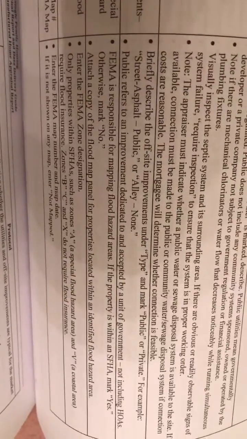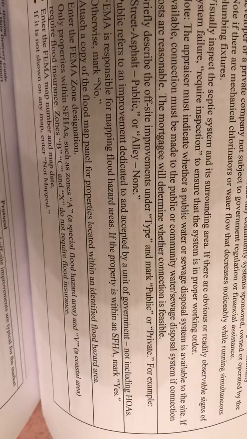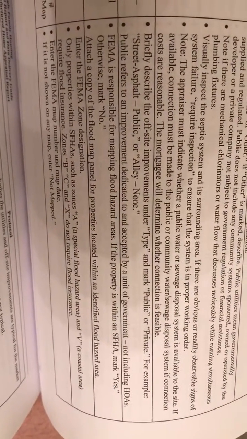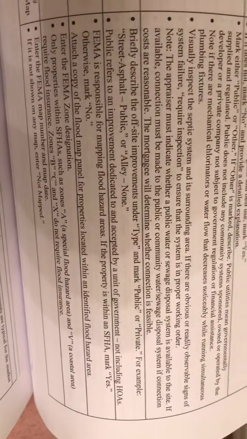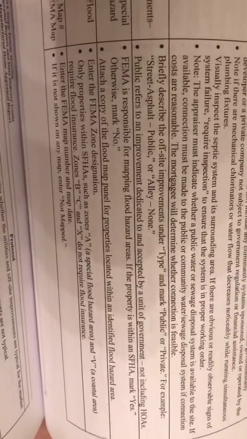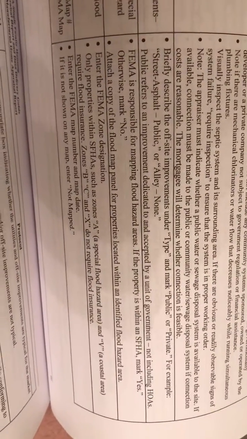Note, the appraiser must indicate whether a public water or sewage disposal system is available to the site. If available, connection must be made to the public or community water/sewage disposal system if connection costs are reasonable. The mortgagee will determine whether connection is feasible.